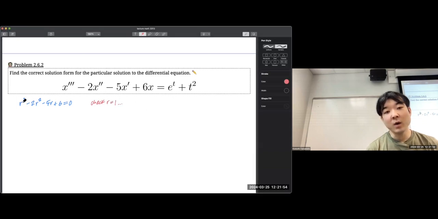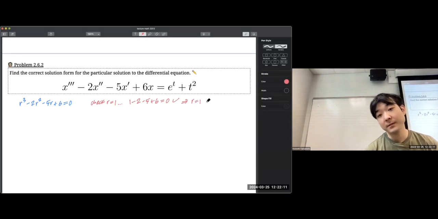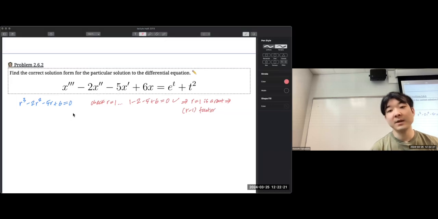If you plug in 1 into this, it'll be 1 minus 2 minus 5 plus 6. 1 minus 2 is negative 1, minus 5 is negative 6, plus 6. So this does equal 0. So r equals 1 is a root. Which means that r minus 1 is a factor, just like we had before, but the equation is still different.